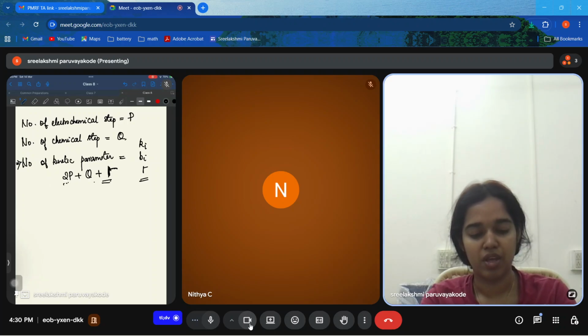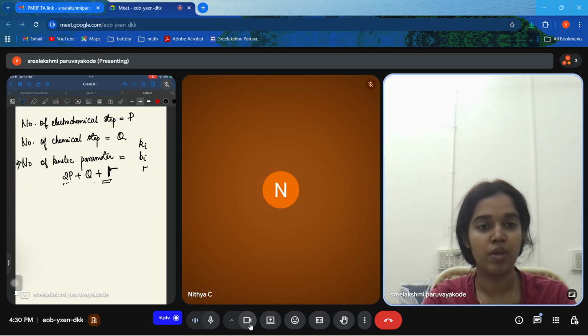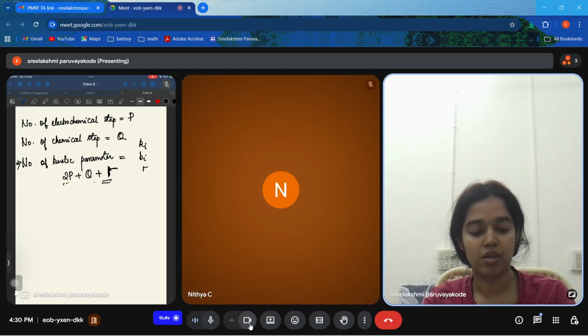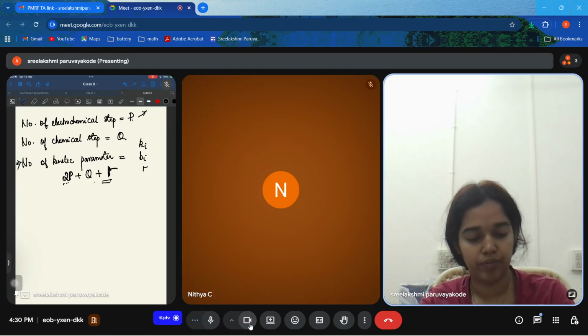Now, for an electrochemical step, we know the rate constant can be expressed in terms of k10 and exponential of b1 times E. So for an electrochemical step, you will have both k1 and b1. That's why for any electrochemical step you will have 2 into P. For every electrochemical step, you will have both b and k.